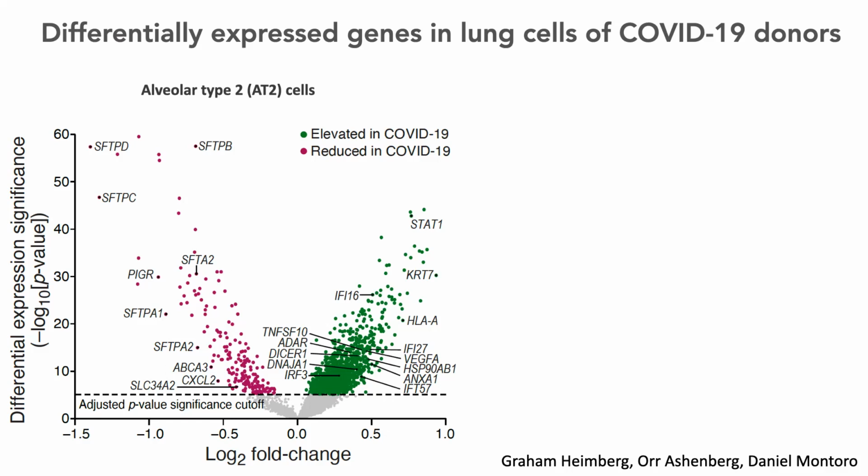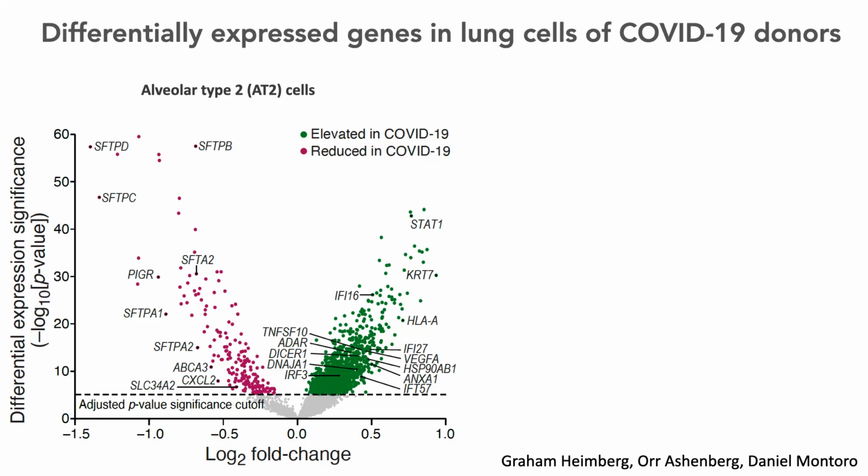We see within AT2 cells of the COVID lung, there is upregulation of genes associated with the host viral response, inflammation, and the adaptive immune response. And on the left, we see that expression of lung surfactant genes was really reduced. These reduced genes are shown on the left in purple.